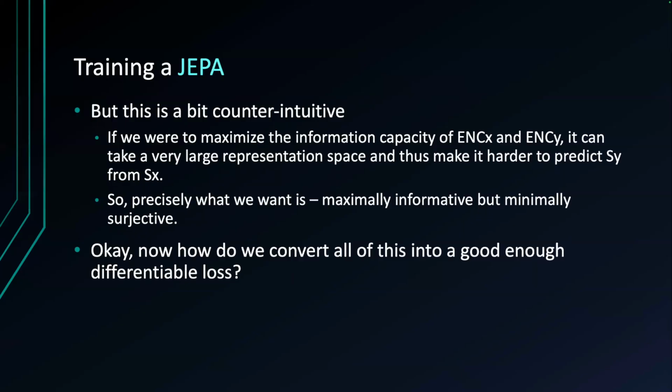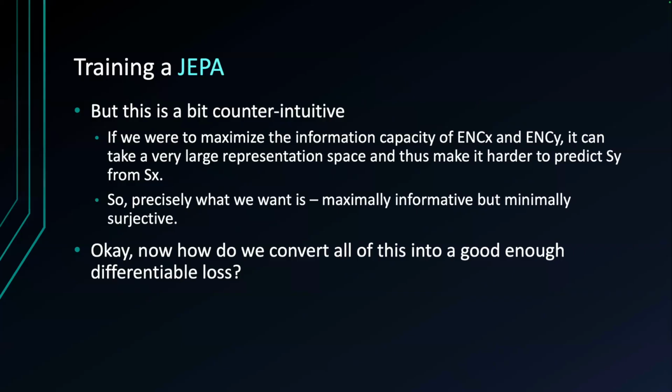So what do we mean by maximizing the informational capacity? Precisely what we want is that it should be maximally informative but minimally surjective. Different points should map to a single point, not very different points.